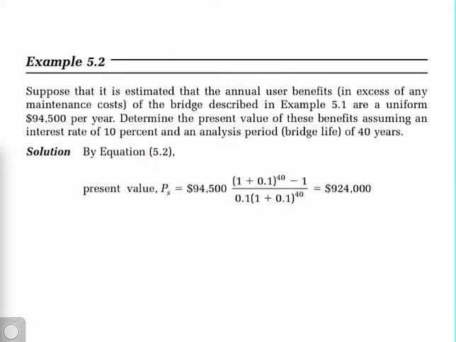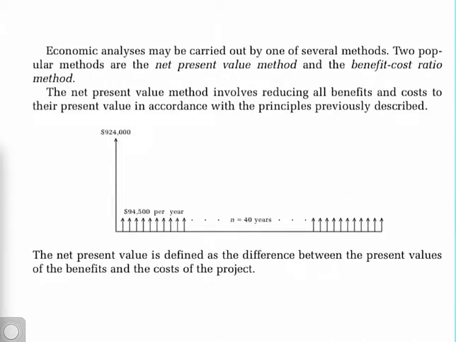Of course, we use the analysis period of 40 years. You can substitute in the equations, then you get a present value of 924,000. So this 924,000 is the present value.